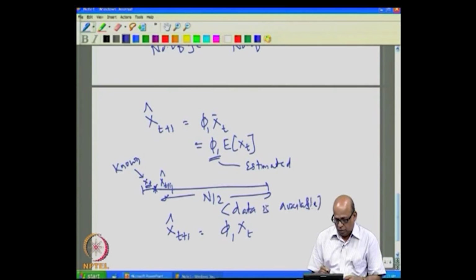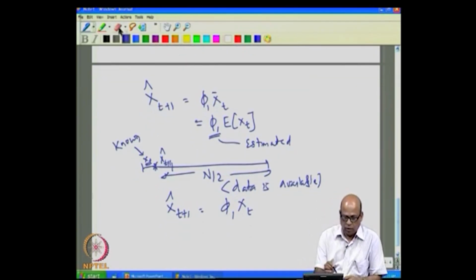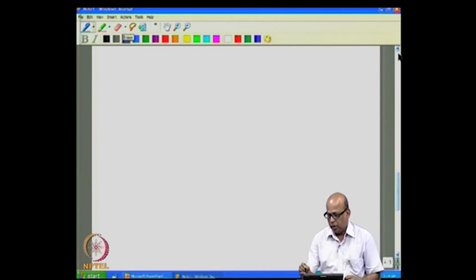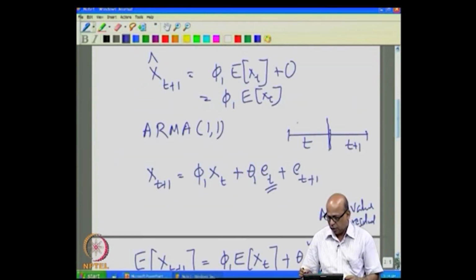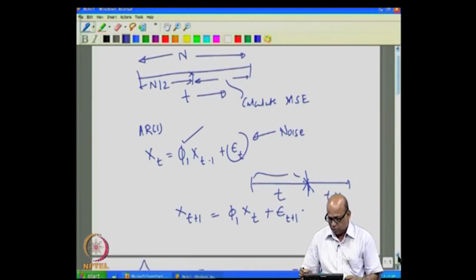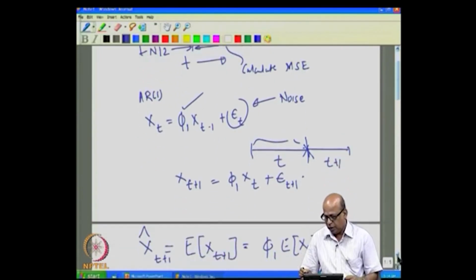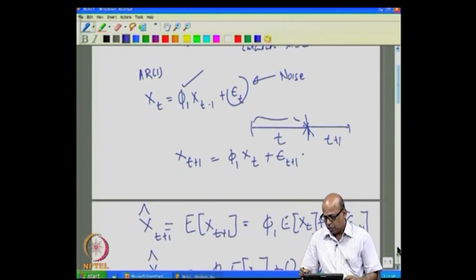What we do? This is the forecasted value and x t is the actual known value of the flow. Let us say that you have x t available with you. So, I will take the error of forecast. So, what will be the error of forecast?